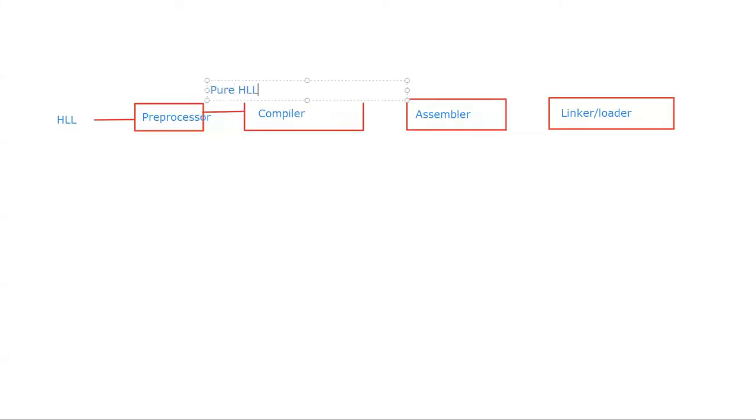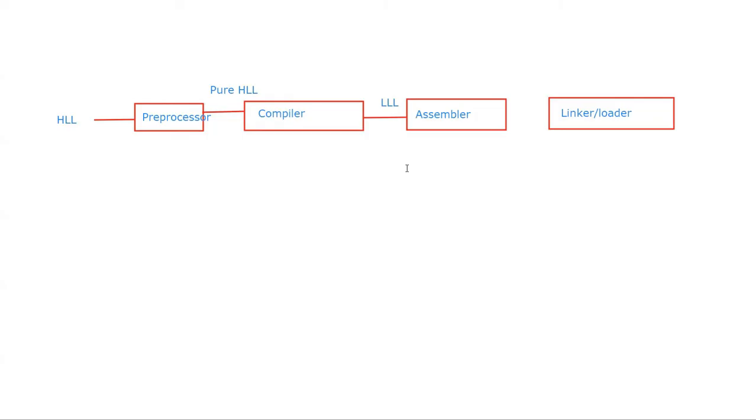Now this pure high level language will behave as an input for the compiler, and this will generate the assembly language code. So basically, we can call it low level language code, which will be generated by the compiler.